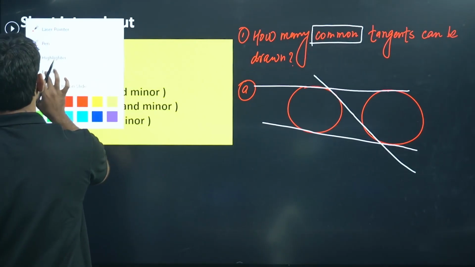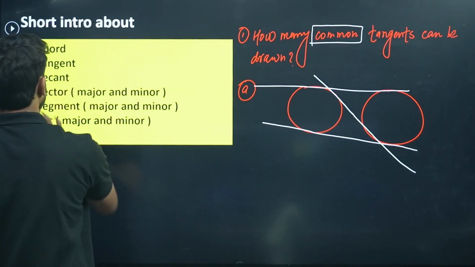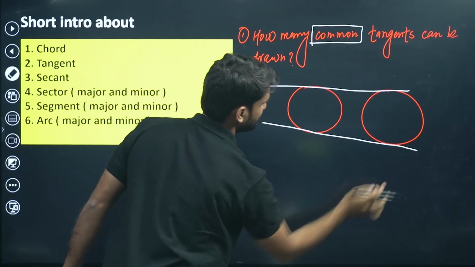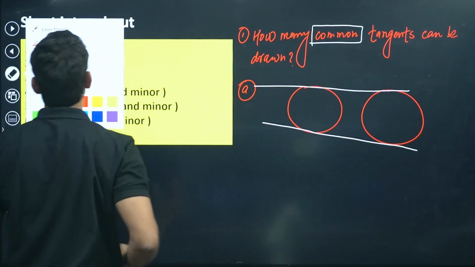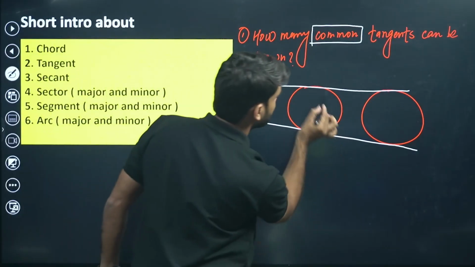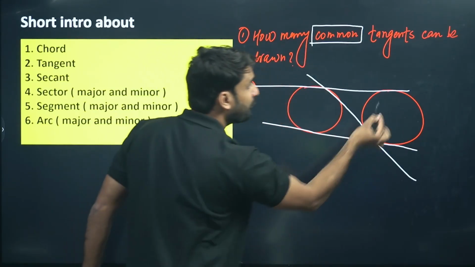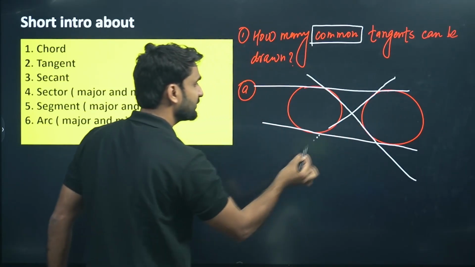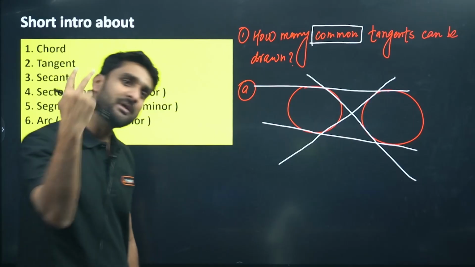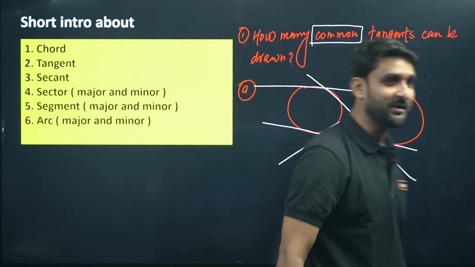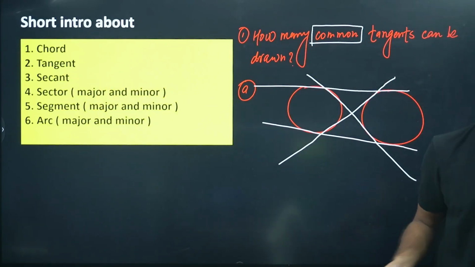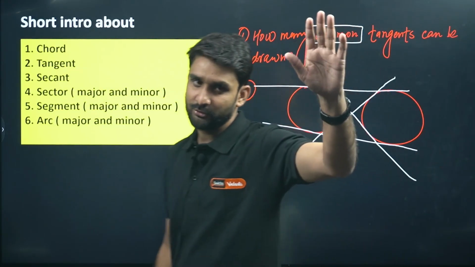This is not looking like a proper tangent, so we can draw again. The third common tangent can be this, and the fourth common tangent can be this. So if 2 circles are separated, 4 common tangents can be drawn.